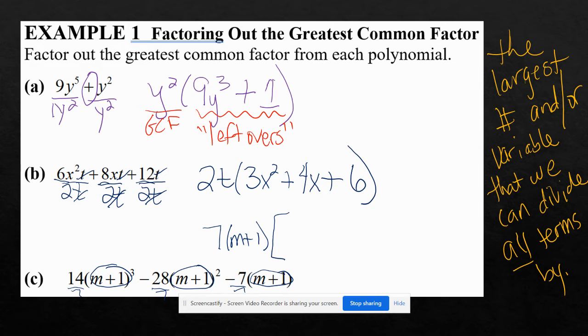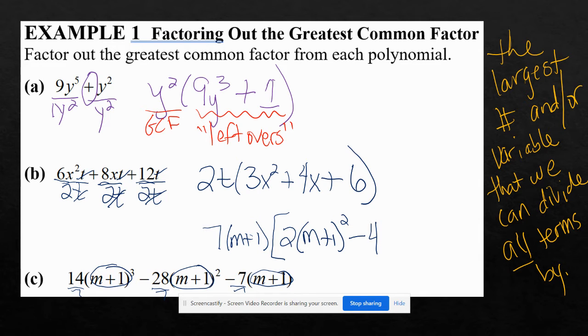So our leftovers, we start over here. 14 divided by 7 is 2. We had 3 m plus 1s. We're pulling just one of those sets out. So that leaves us with m plus 1 squared minus 28 divided by 7 is 4.